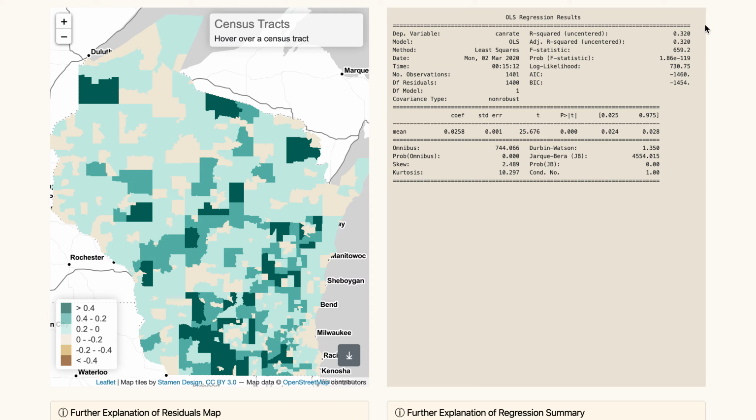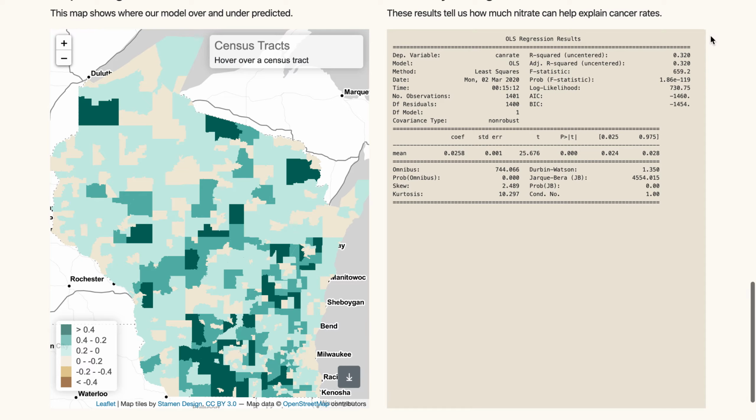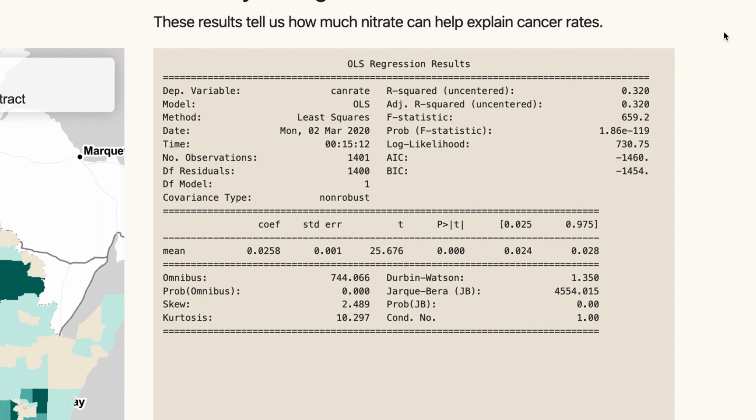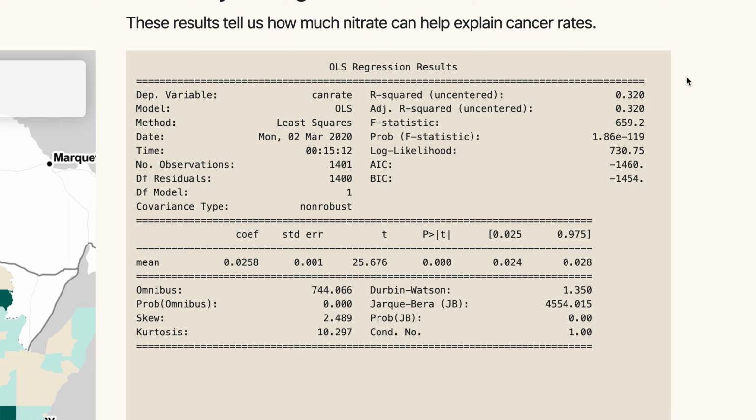So let's draw our attention over here to the regression results. Now, the regression summary here, these results, they really tell us two important things. Number one, what the R-squared value is. That's this in the upper right.